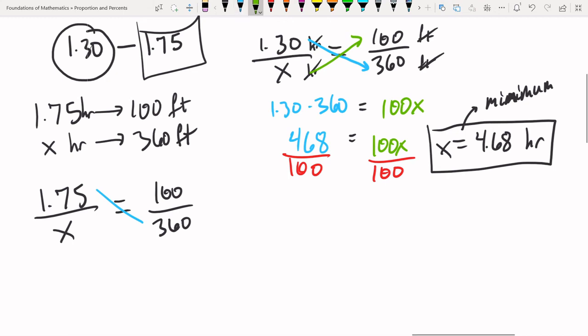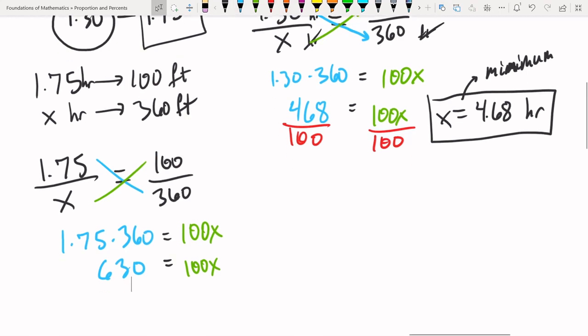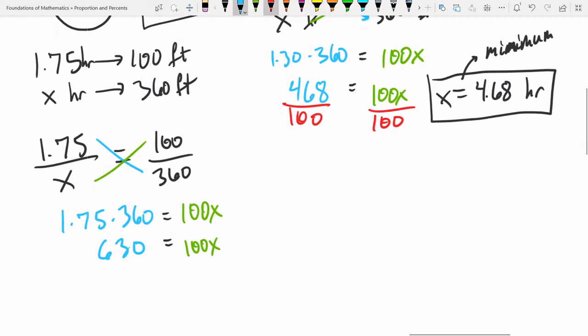Cross multiply and divide. 1.75 times 360 equals 100x. 1.75 times 360 is 630. That's the cross multiplication. Now we can divide by the number in front of x, which is 100.